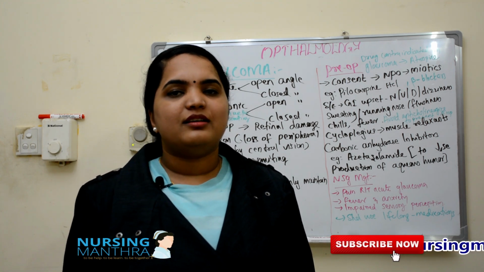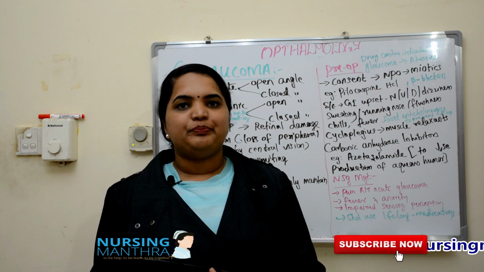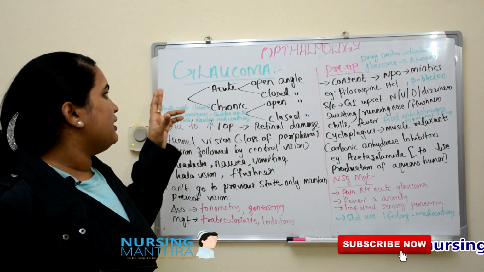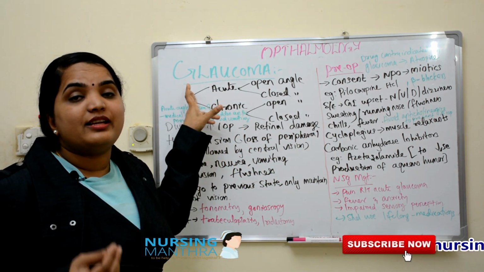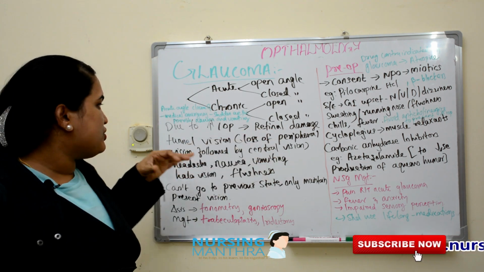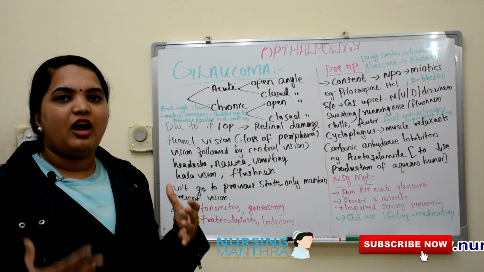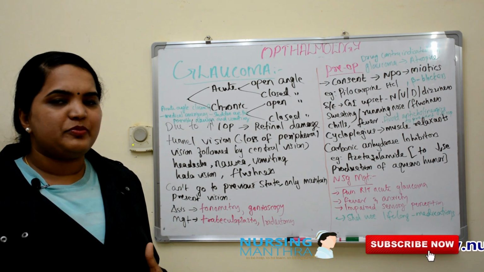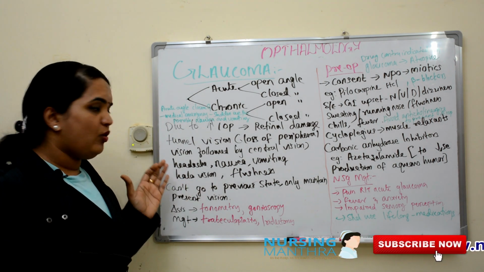So this is related to glaucoma. It is due to the increased intraocular pressure and retinal damage. Tunnel vision, halo vision, all the symptoms will be there, then headache, nausea, vomiting.